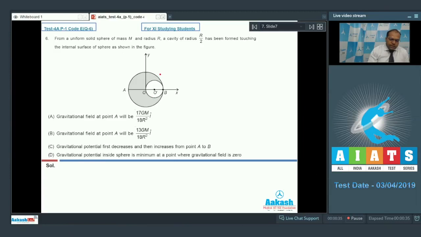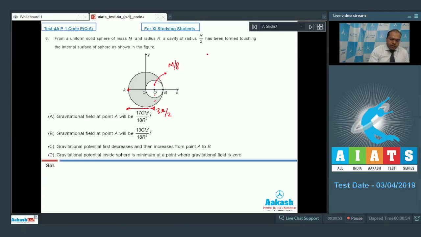So if total mass is m, then the mass of this cavity would be m by 8, and the center of this cavity is at a distance of 3r by 2 from point A. So for the complete sphere, this point A is the surface point.